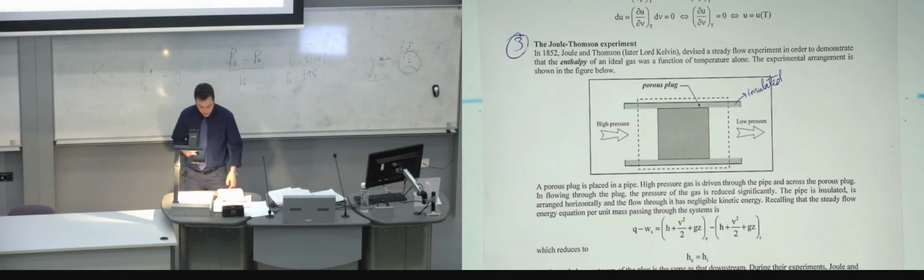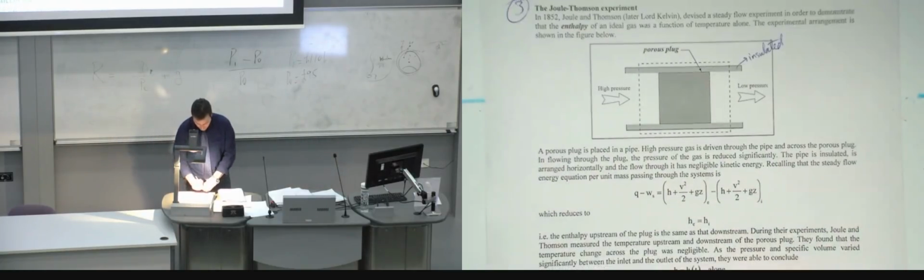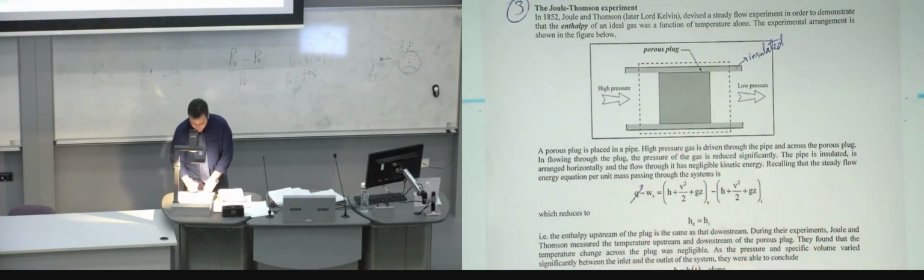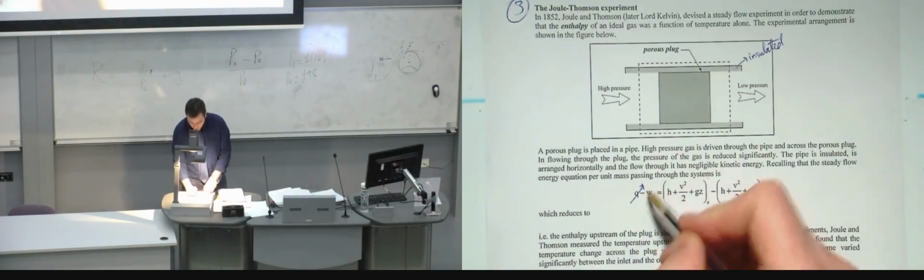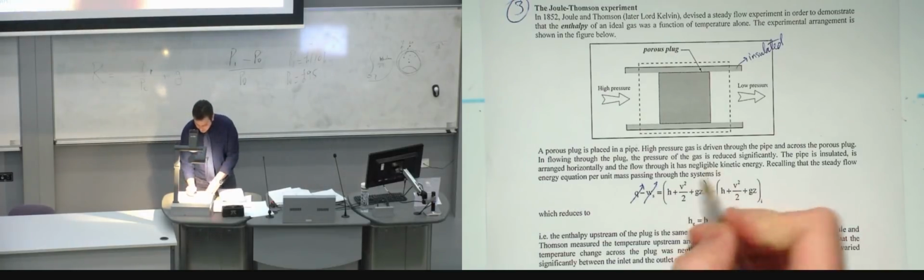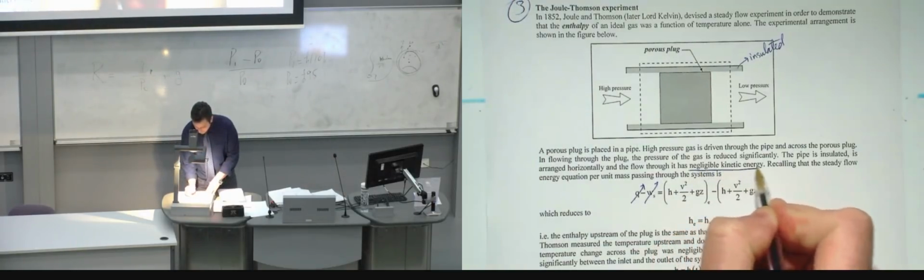Now, looking at the steady flow energy equation, which we've been covering so far, because this is an insulated pipe, that is 0. You're not going to have any heat losses. You don't have any shaft or any work done in this problem, so that is going to be 0. We can neglect the kinetic energy.